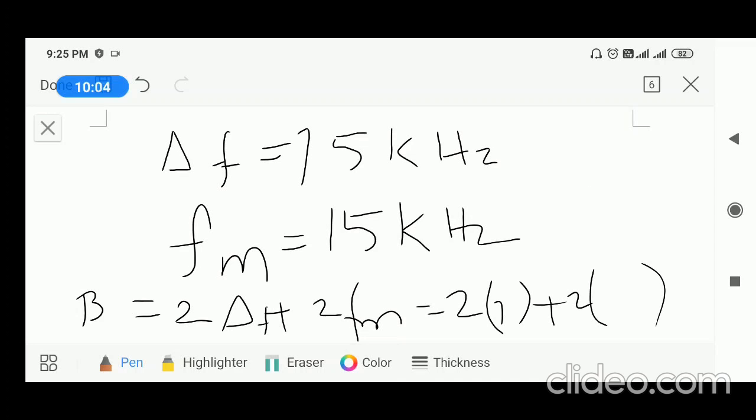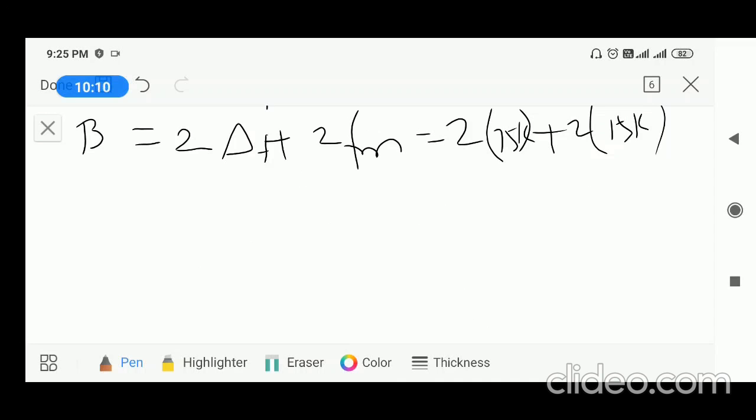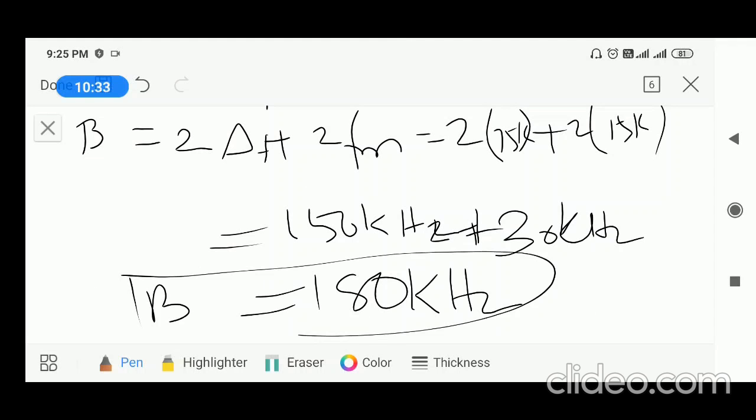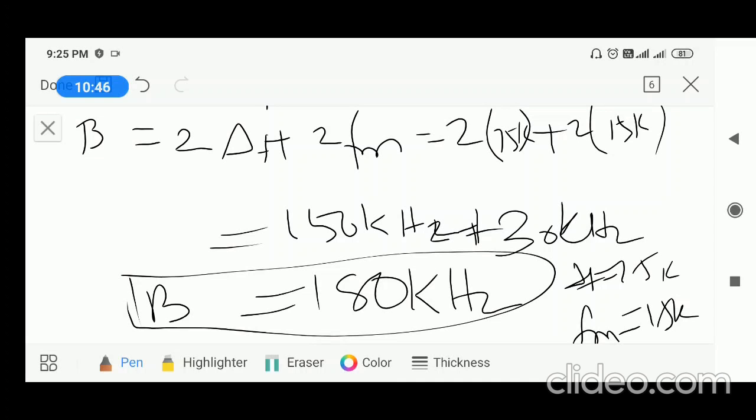Delta f is 75k, fm is 15k. 2 into 75, 150 kHz, plus 2 into 15, 30 kHz. 150 plus 30, 180 kHz is the bandwidth of the given problem when frequency deviation equals 75k and modulating signal frequency equals 15k.